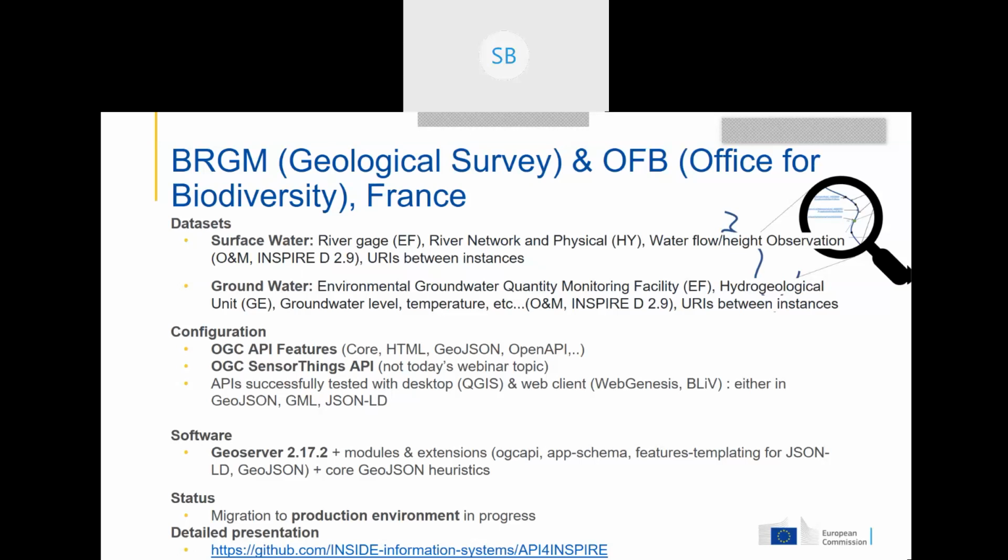So we have features from the Inspire EF theme, the hydro theme, and all that is around observation and measurement. And we try for both use cases and other work to put URIs between all those feature instances and also to APIs. For groundwater, we have monitoring facilities monitoring groundwater quantity properties. We have hydrogeological units, a bunch of observations.